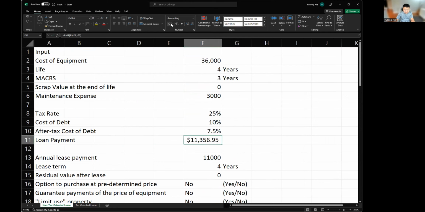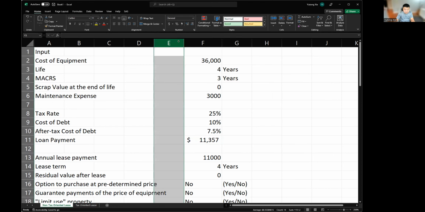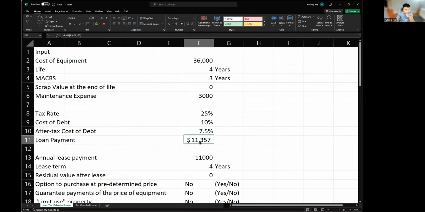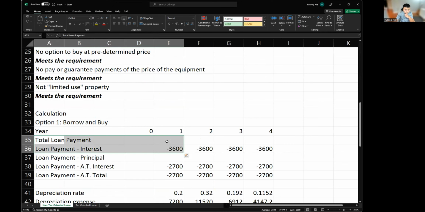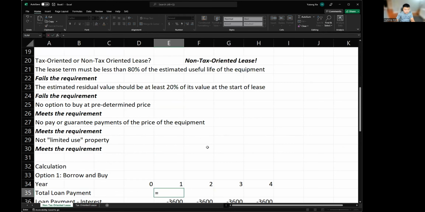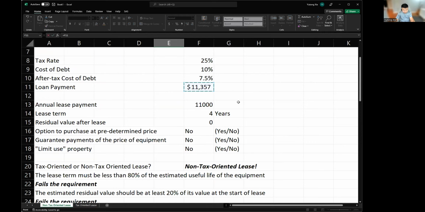We gotta make it a dollar number. Okay, so this is the loan payment. Then the total loan payment is just this number.